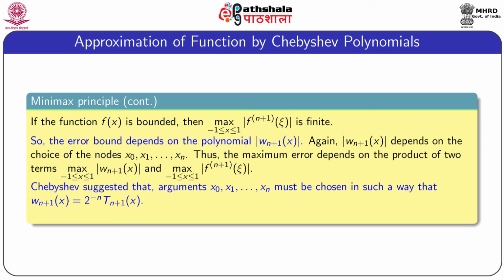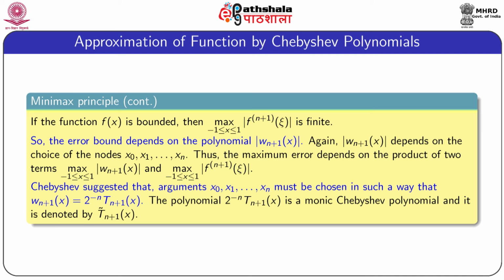Also, the polynomial W(n+1)(x) is also a polynomial of degree n plus 1. Also, the leading term of the polynomial T(n+1) is 2 to the power n. That is why we have considered W(n+1)(x) equal to 2 to the power minus n into T(n+1)(x).